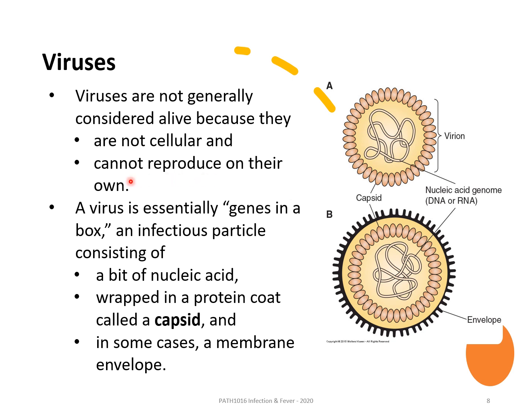So we essentially call viruses genes in a box, where you basically have some sort of a shell and then the DNA or RNA material inside, and that's it. If you think back to your basic biology, which you should all know, how a cell works, there's a hell of a lot more within a cell than just a membrane or a box and some DNA material.